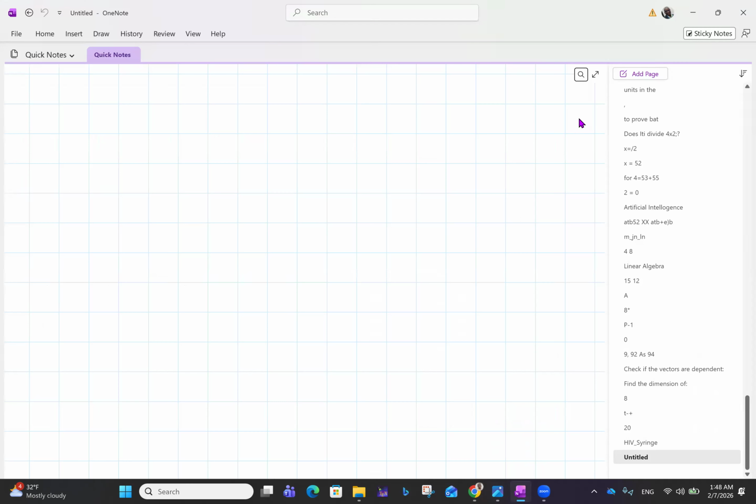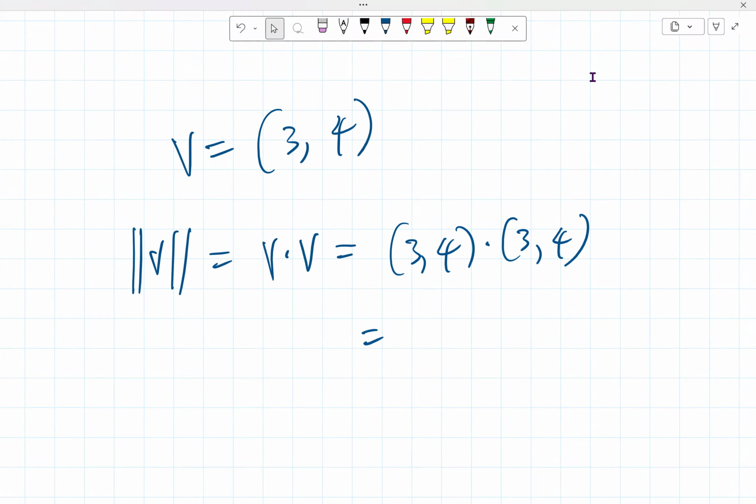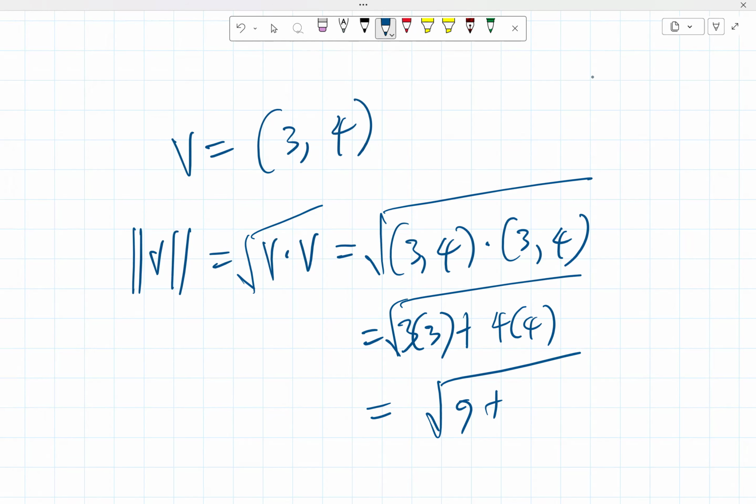Well, if I want to demonstrate that better, let v equal 3 comma 4. So the norm of v is the square root of v dot v, and v dot v means you have (3, 4) dot (3, 4). Component by component, you have 3 times 3 plus 4 times 4, that's 9 plus 16.